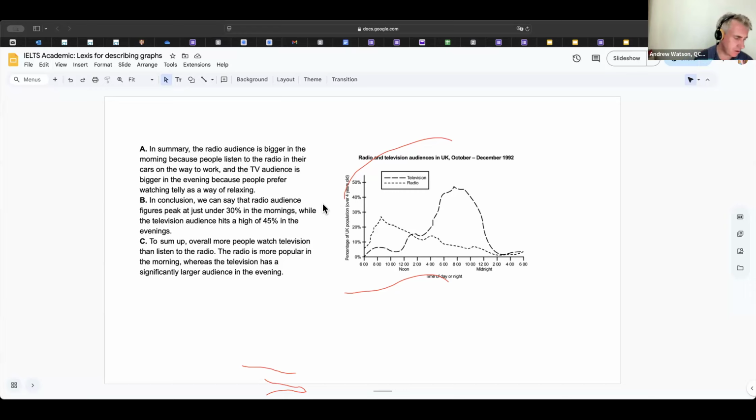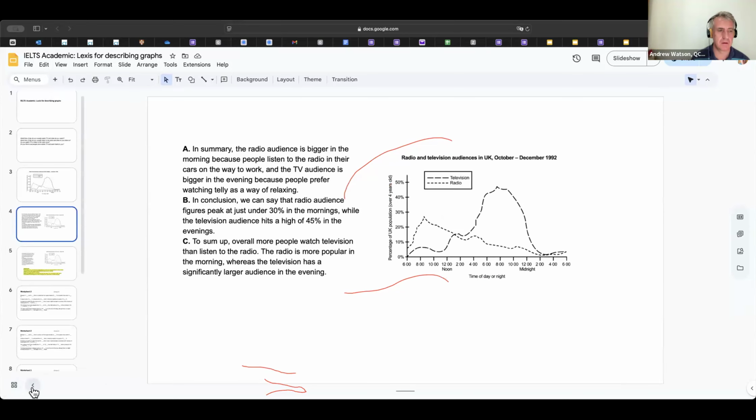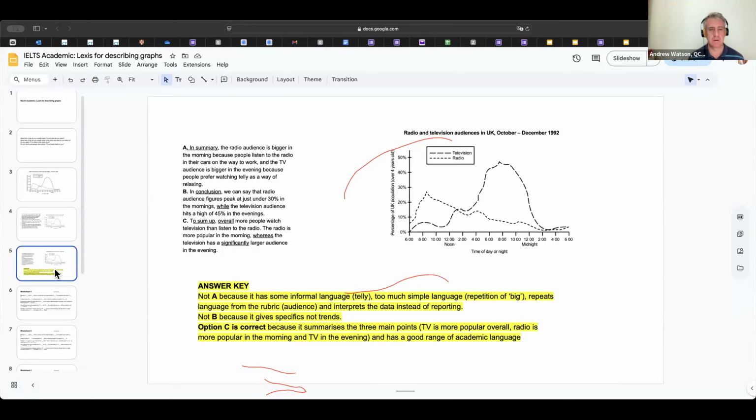Any other reasons why C is the best? Probably because the vocabulary it uses is more accurate to the task required. So it can't be A because it has some informal language, telly, right?